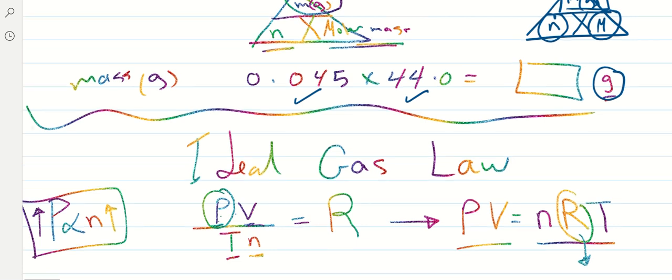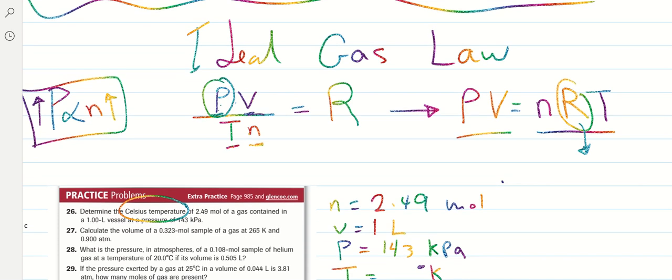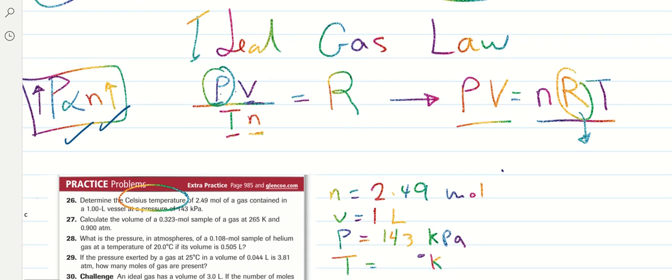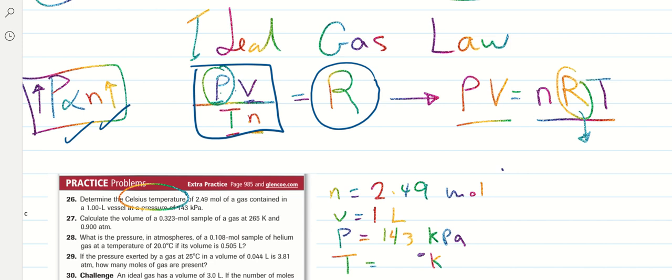What do you think? By increasing the number of particles, will the pressure increase or not? Yes, it will definitely increase. So the relationship between pressure and number of moles or number of particles is directly proportional. So it will be arranged like this, which is equal to the R constant.